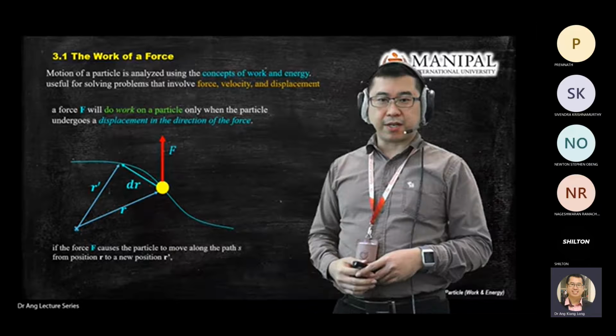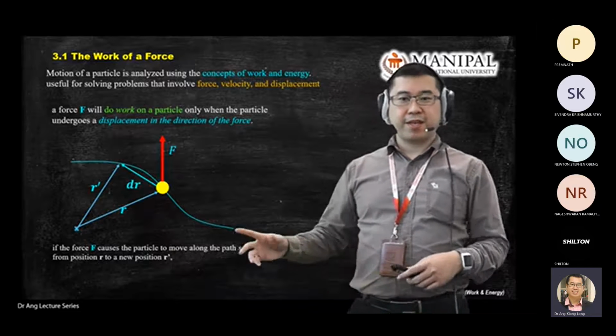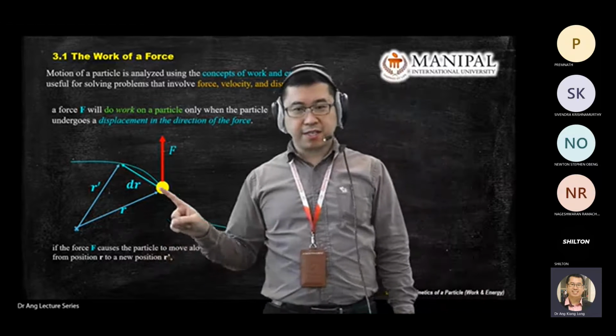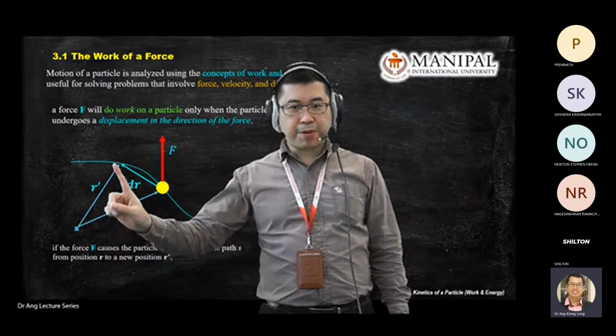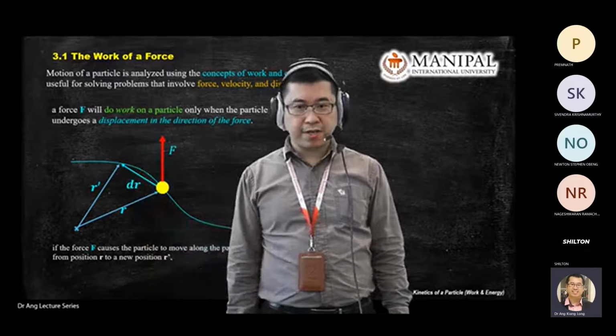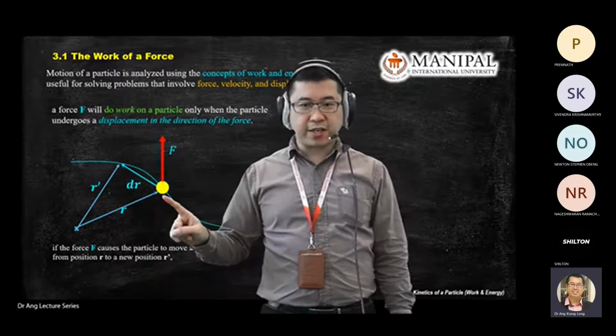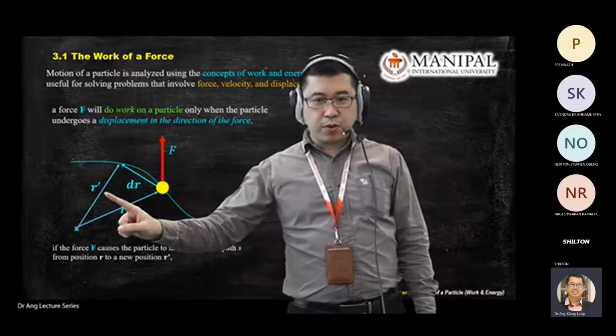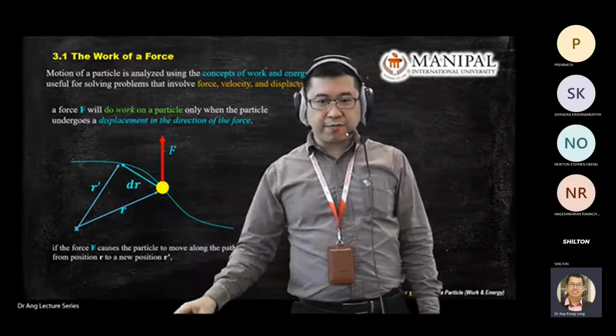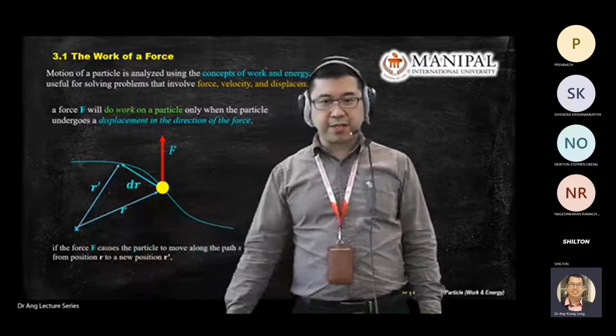I'll do it slowly. R is the first position we lock on. R prime is the second position we lock on when the force acts on this object. R is a vector, R prime is a vector.